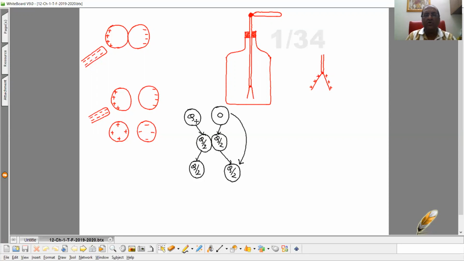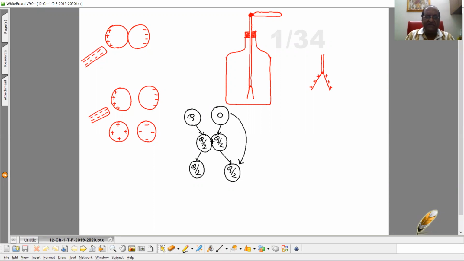Suppose we have two objects, two metallic spheres here, okay, as shown in the figure. One that is with charge Q, another one that is with charge Q0, that is zero. So in other words, we can say one sphere is charged one, another one is electrically neutral or uncharged. Now suppose the contact between these two is established, means these two spheres are touched.